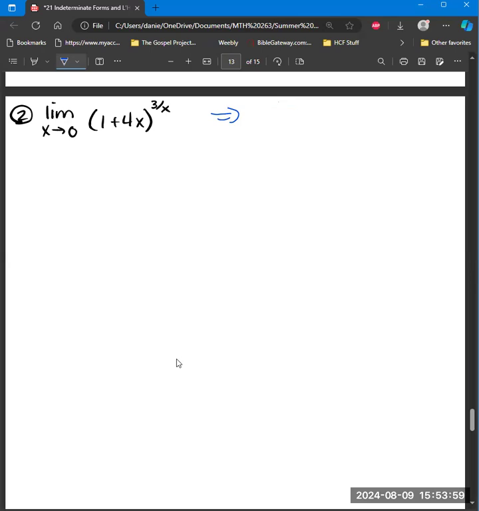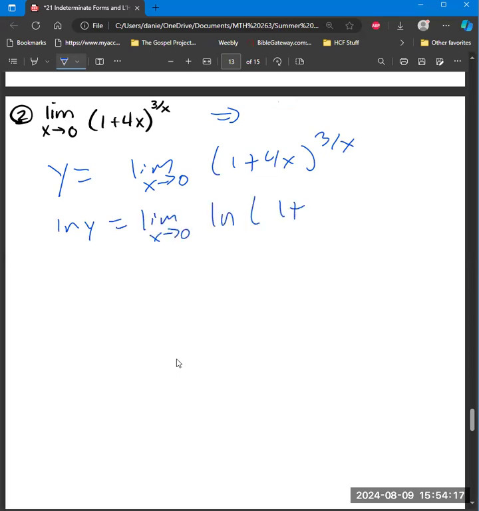Figure out what's going on there with this logarithmic differentiation. So x goes to 0, 1 here, like this. ln of y equals ln of 1 plus 4x.